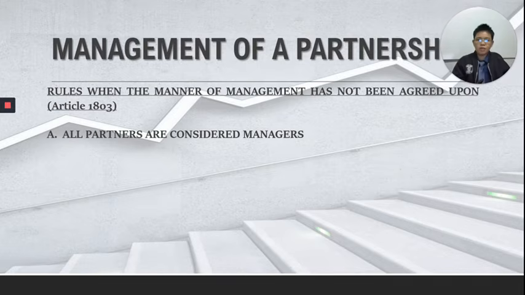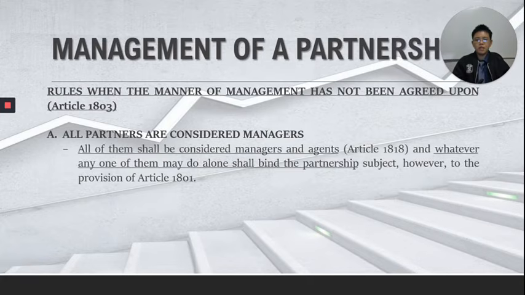What is the rule now? All partners are considered as managers because nobody is appointed as a manager or there is no agreement as to the management. All partners are considered as managers. So, remember, what any one of them may do alone shall bind the partnership, subject to the provisions of 1801.